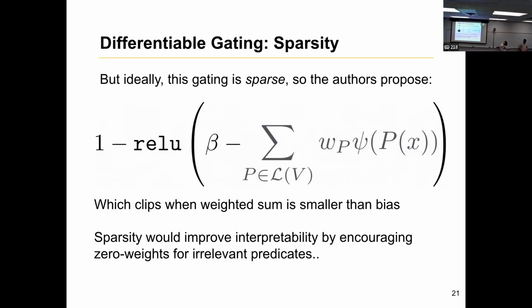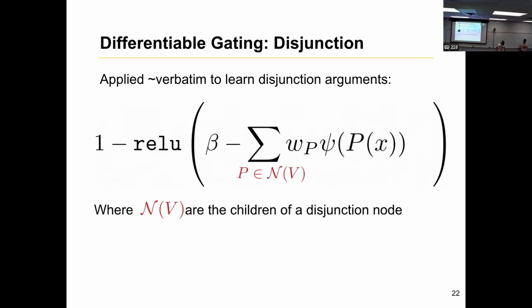And so this formula is used almost verbatim to learn disjunctions. The only difference is that instead of doing weighting over the available predicates in the data set, we're doing weighting over the children at a particular disjunction node, right? So since it's a tree, there are children that are available, and we just have a weight for each one. And like before, that weight is sparse, so that ideally we have some kind of interpretability.